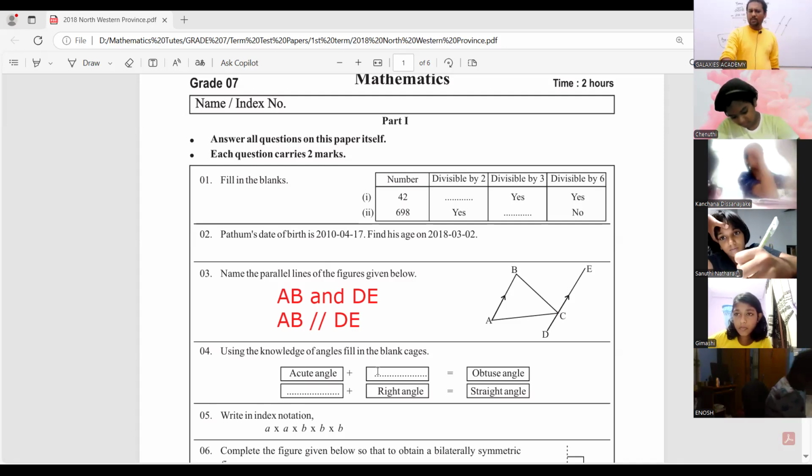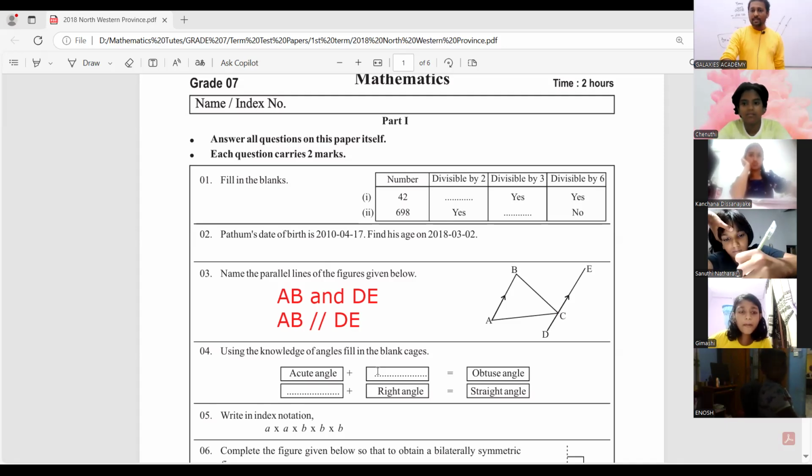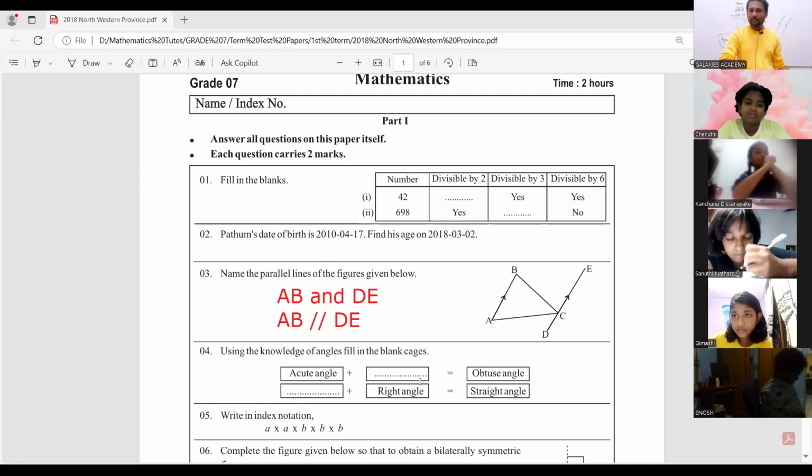Is an acute angle suitable or not? Sometimes suitable, but sometimes not suitable, no? Suppose one acute angle is 30 degrees, another acute angle is 20 degrees, then what is the sum of them? 50. 50 is also an acute angle, no?